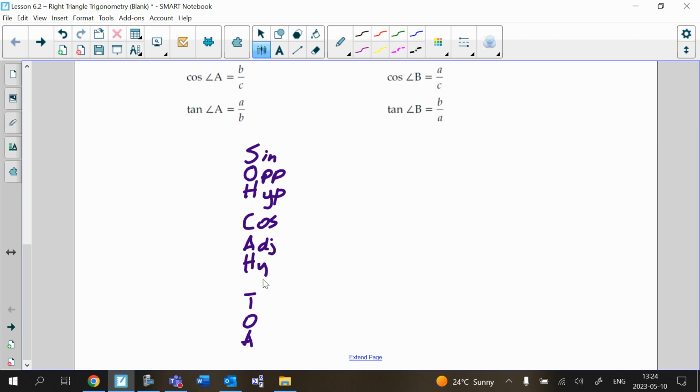And tan or tangent is opposite over adjacent. And you should all be familiar with that. Okay? Like I said, this is just kind of a quick review. A little bit of practice before we get into some more complicated questions.